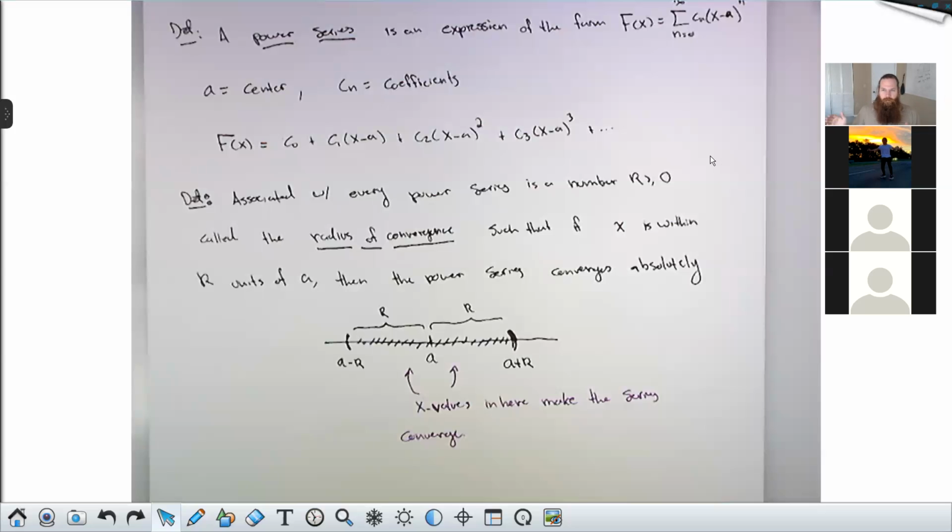Our goal is to find the set of all x's you can plug in so that the series converges. One of the neat tricks for doing that is to find this number R, called the radius of convergence. Once you find that number R, you know that as long as you stay within R units of the center, as long as you don't wander further than R away from the center, the series will converge.